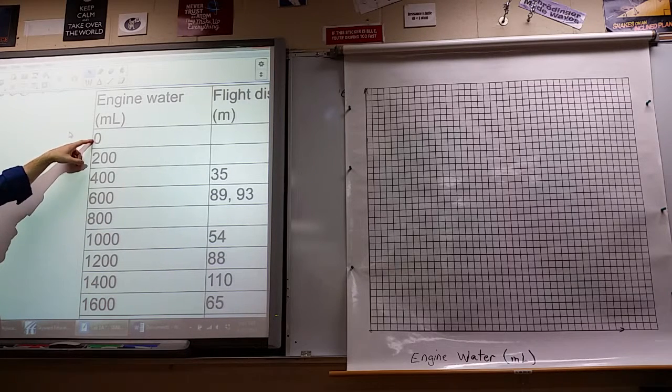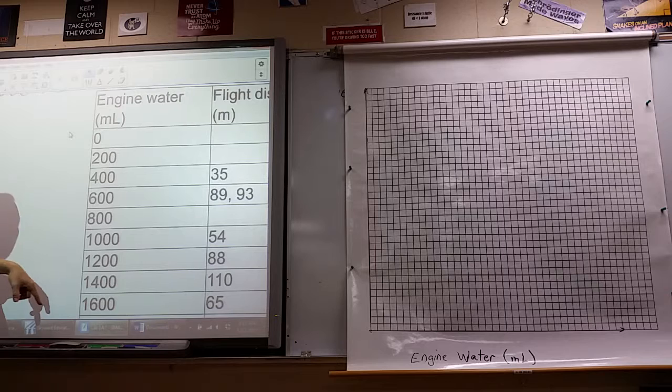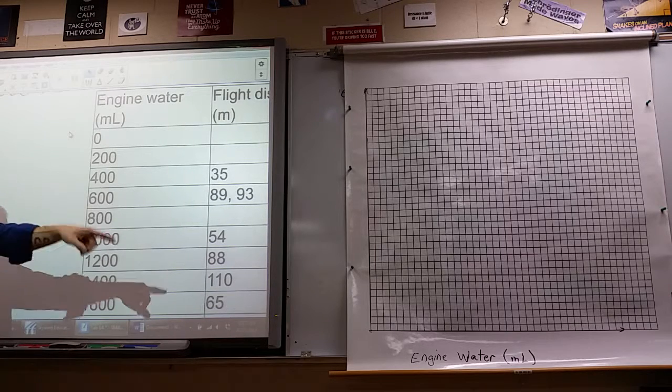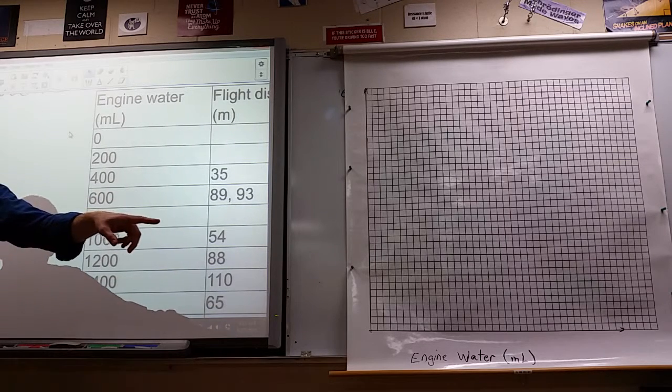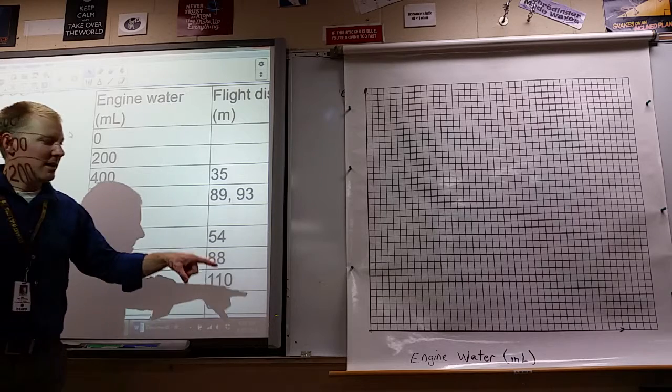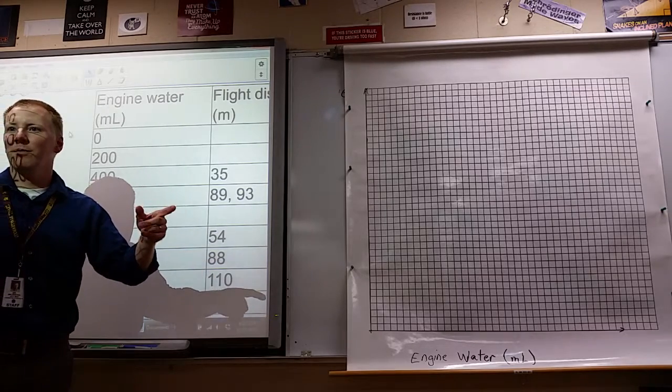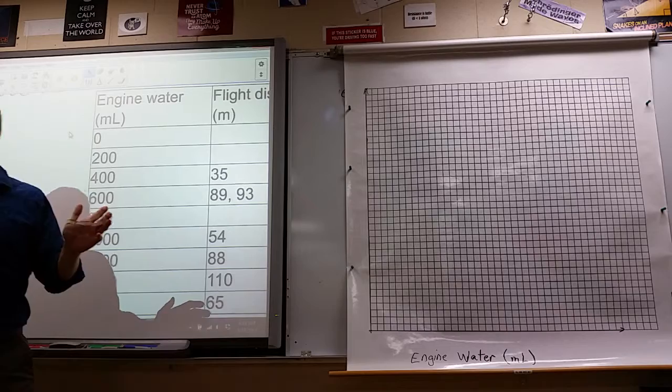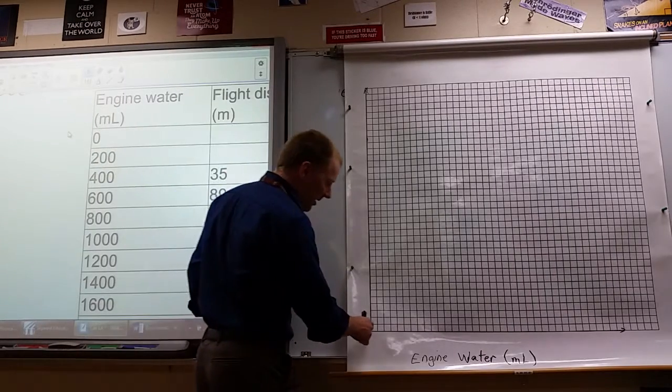So we go from 0 and we go down a little bit to 2,000. We'll need 0 to 2,000 on our axis. So a good idea is count how many squares you have available, and then we'll determine what a convenient scaling will be.